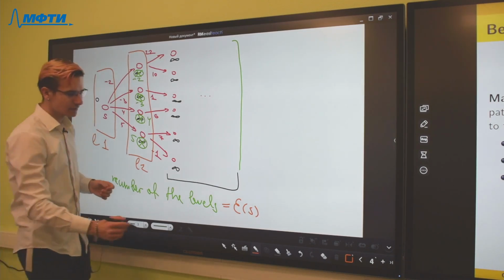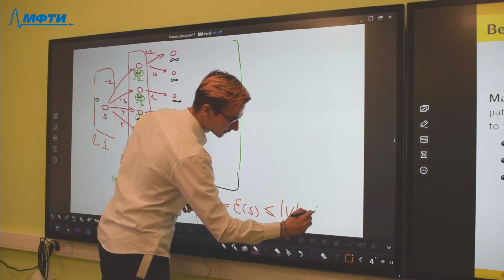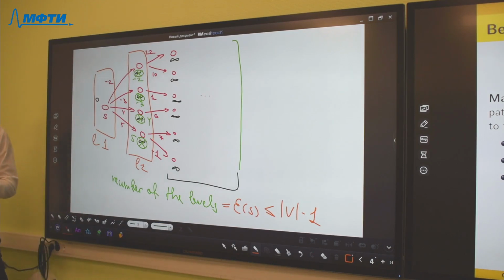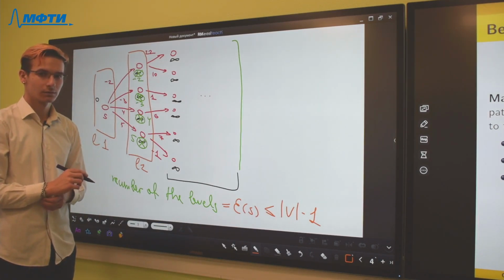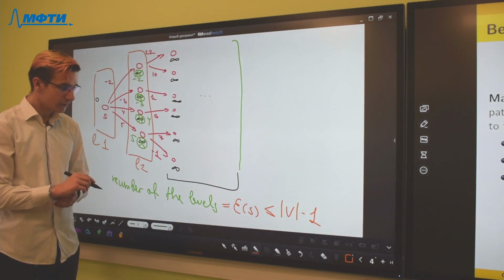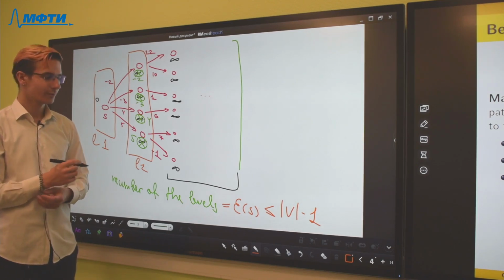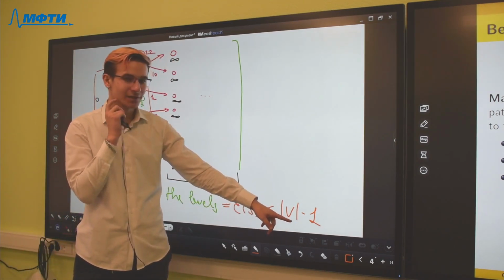But of course, it will be smaller than the number of vertices minus 1. And it's smaller or equal to the diameter. But the diameter will be smaller or equal to the number of vertices minus 1.